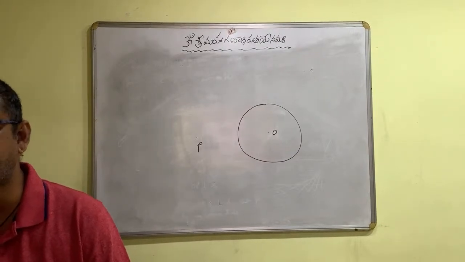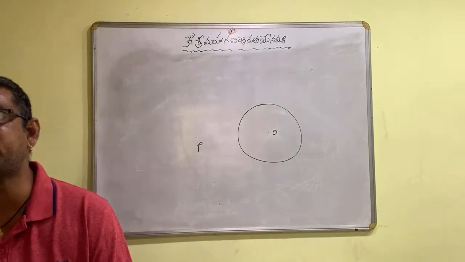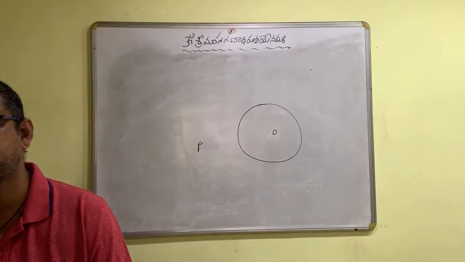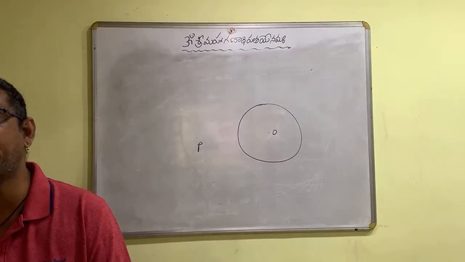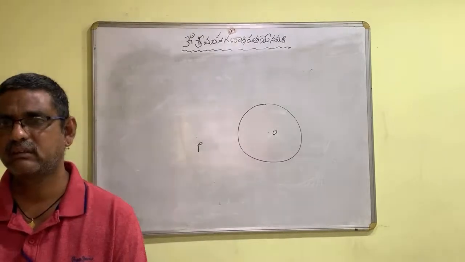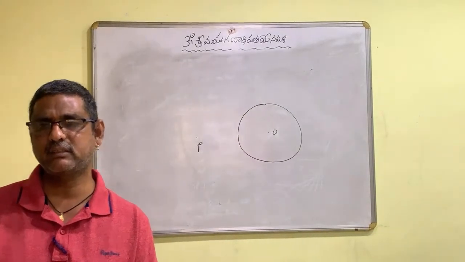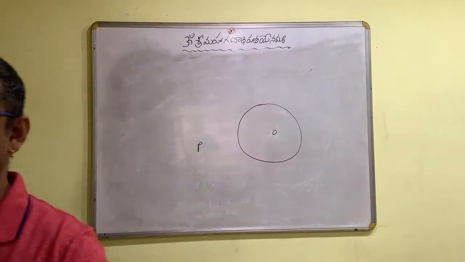Listen to me carefully. From P to the circle, how many lines can we draw? Shyam says infinite lines.